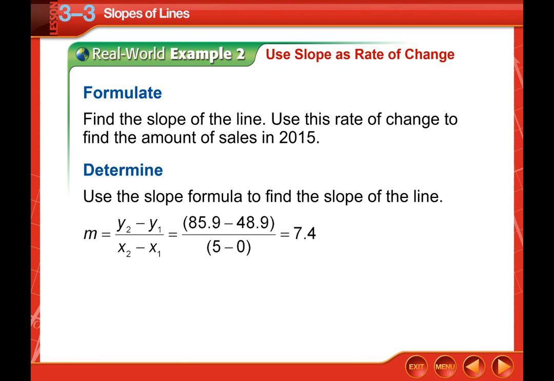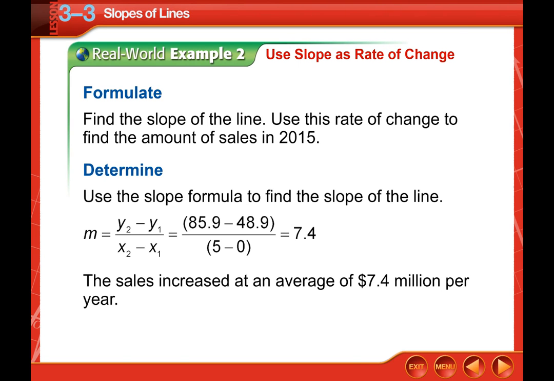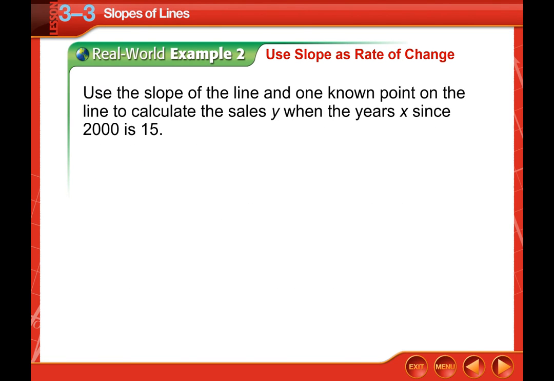Okay, so knowing that slope, I can determine what things are going to be like in 2015. Each year, it's increased by 7.4 million. Use the slope of the line and the one known point on that line to calculate the sales y when the years x since 2000 is 15.